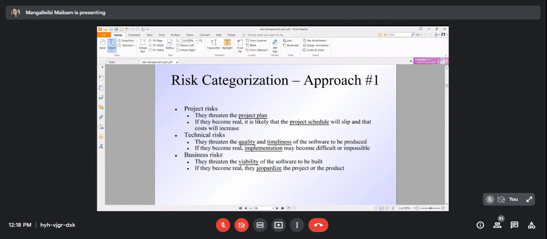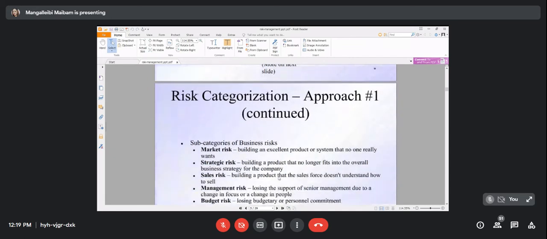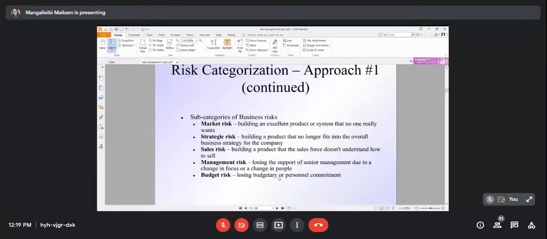So in business risks, you may have certain kinds of problems in your market. This may have problems in your sales. This may have problems in your budget. This may have problems in your management.